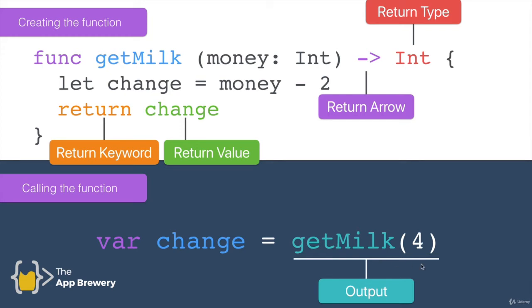So if we gave this function 4 as an input, 4 becomes the amount of money. 4 minus 2, the change becomes 2. The change that's returned, or the output of this function, is 2, which is of course an integer, or a whole number data type. So this whole right-hand side of the equation becomes equal to 2, and that value gets assigned to our variable change.